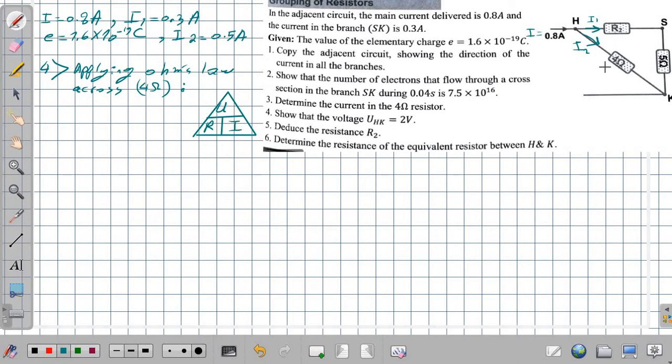بما ان حناخد ال 4 ohm اكيد حناخد التيرمينالز لل 4 ohm هن ال HK، so UHK. واي كرنت حنستعمل اكيد الكرنت اللي passing through 4 ohm which is I2.